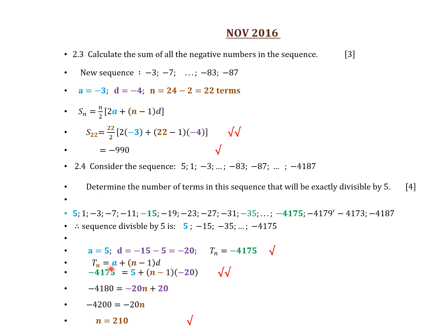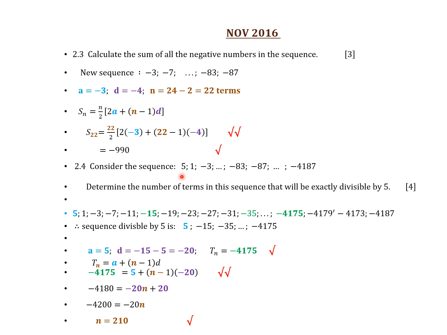If I take 5 over, minus 4175 minus 5 gives me minus 4180. Minus 20 times n gives me minus 20n. Negative 20 times negative 1 gives me positive 20. Taking positive 20 over gives me negative 4200 divided by negative 20, and n is 210.